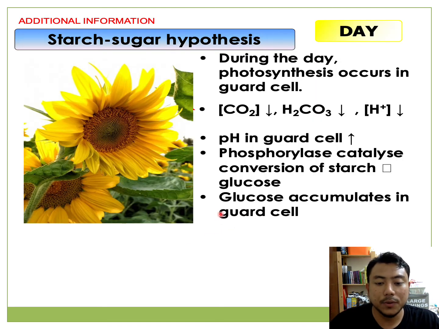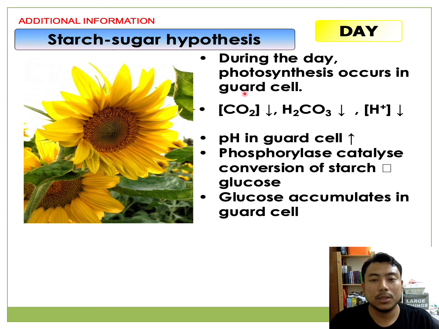So on the next following slides, we have about five more coming slides after this. Remember, this is about regulation of stomatal opening, but this is additional information. Please take note over here. We have the starch sugar hypothesis. Hypothesis means it is also a possible cause or reason that makes the stomata open.